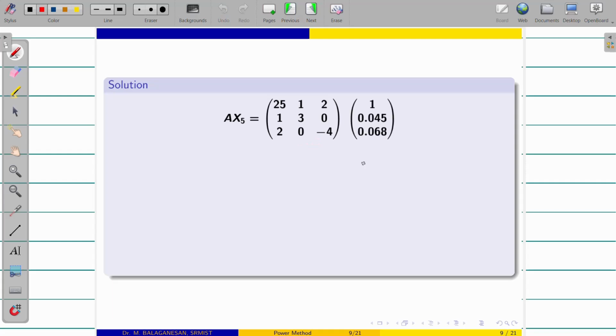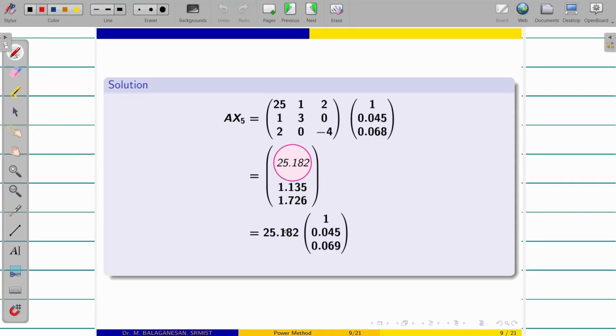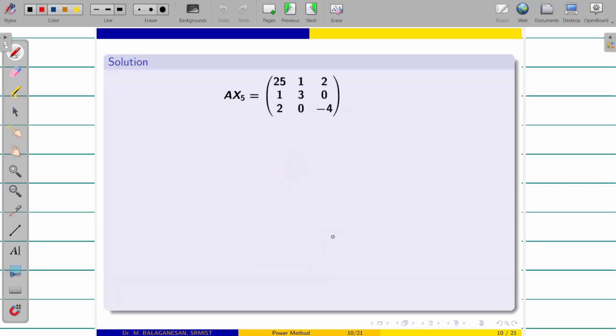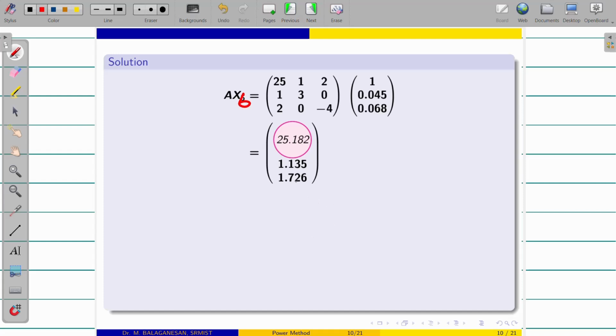Okay. Now take this, x5. This is A into x5. Multiply both. You will get this, 25.182. Take that as common, 25.182. This is the new eigenvector x6. Now A into x6 is equivalent to this, 25.182.